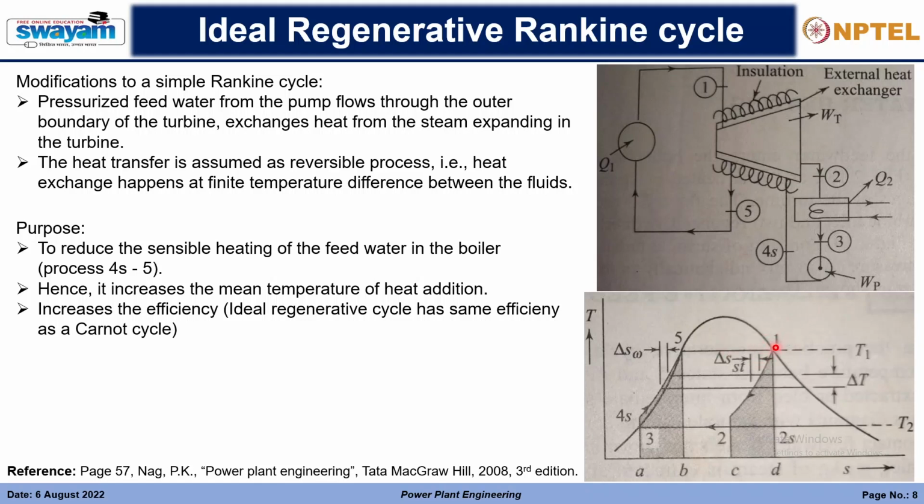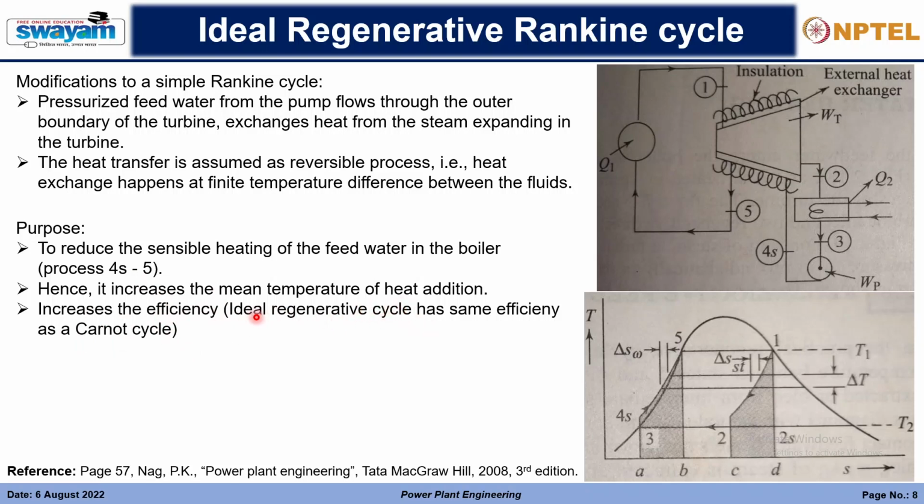Generally the superheater is used in order to increase the mean temperature of heat addition, but instead we are reducing the amount of heat addition to the feed water. By that process also we increase the mean temperature of heat addition. We do not have to supply a lot of heat from the boiler. So that actually increases the efficiency of the ideal regenerative cycle.